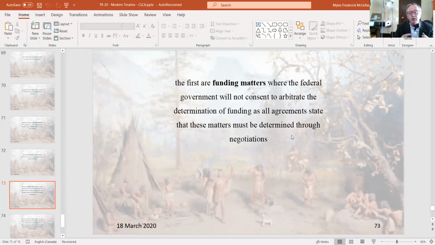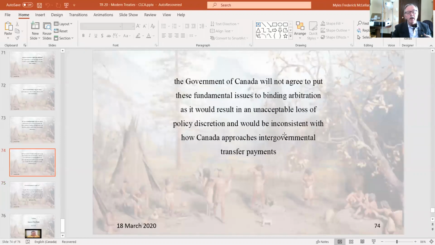So if the issue is one dealing with funding, then it's going to have to be determined through negotiations between the government and the Indigenous peoples. It's not going to be put to arbitration, so that again the federal government would not put its funding decisions in the hands of a third party.